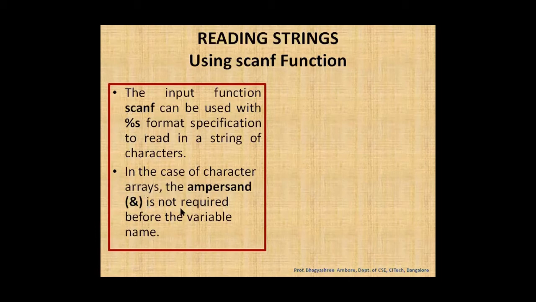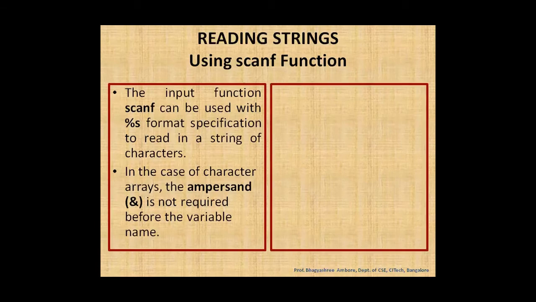Because the compiler always needs the address. And the array name always refers to the starting address of the array. So anyhow we got the address. Why do we want an ampersand again here? We don't want it. So when you are using %s, we don't want an ampersand.